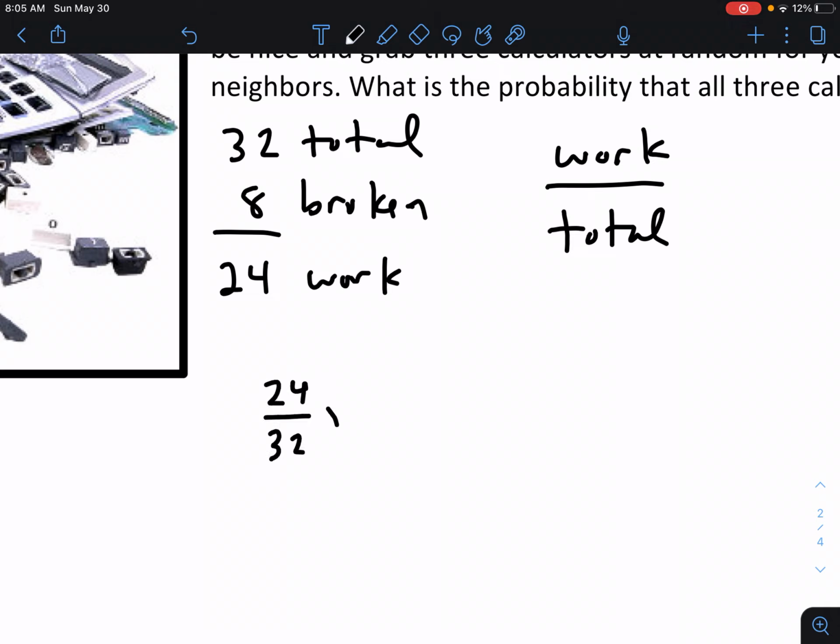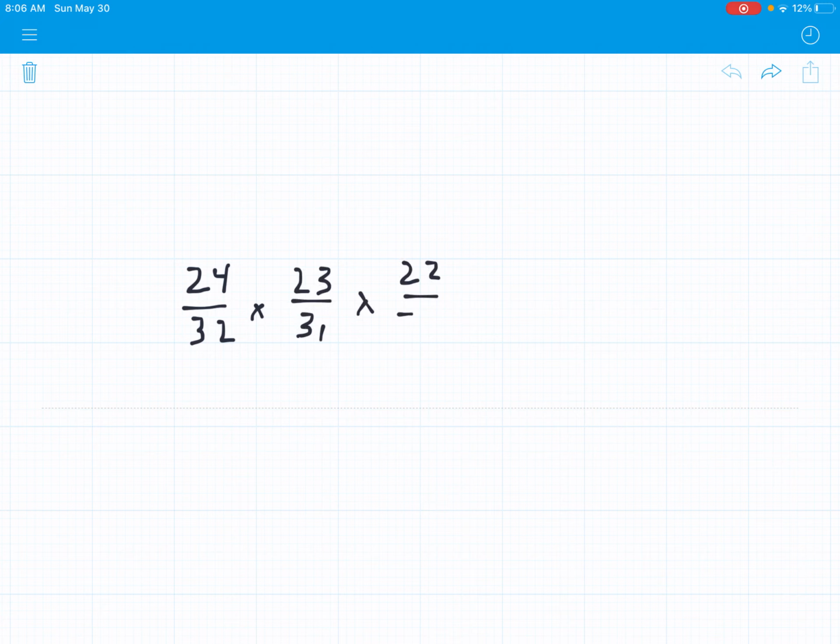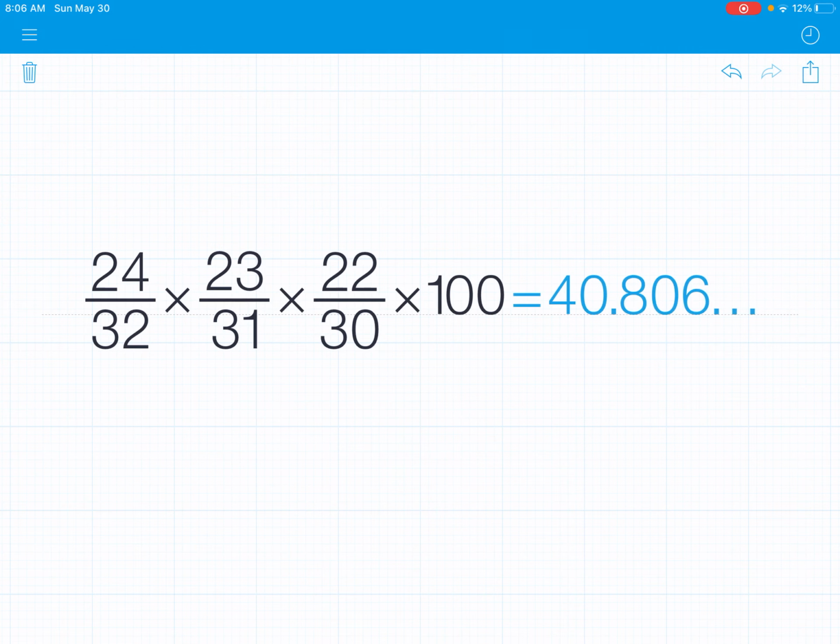And each time we're going to reduce our numbers by 1 because we're grabbing a calculator out, and that means there's 1 less calculator in the box. Okay, so there we go. We're going to do the math on that. So we have 24 over 32 times 23 over 31 times 22 over 30, and I'm going to throw in the times 100 because it helps with the decimals a little bit.